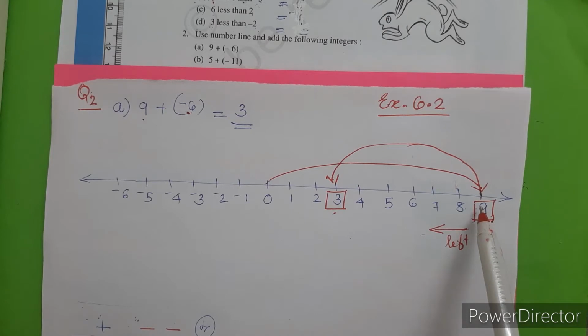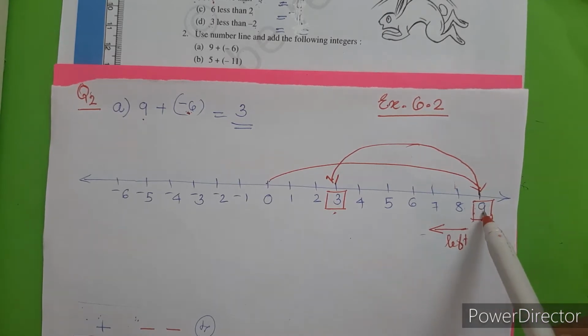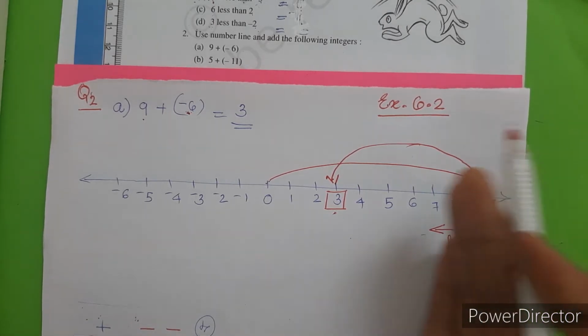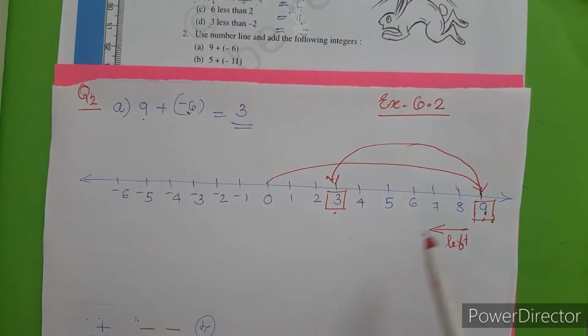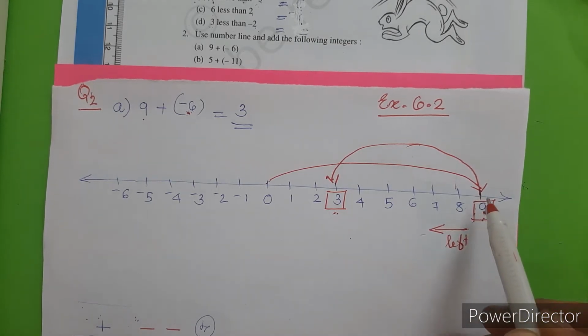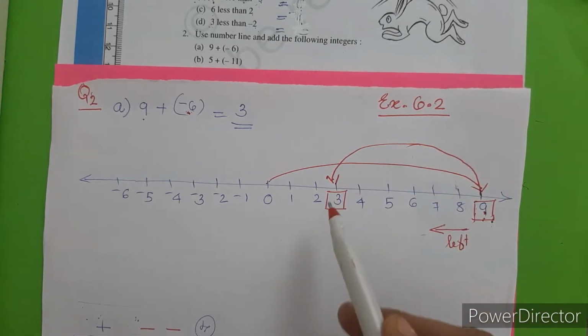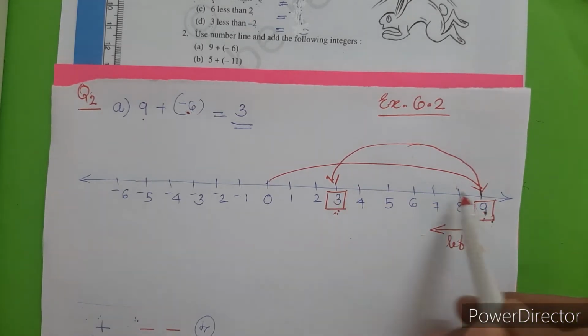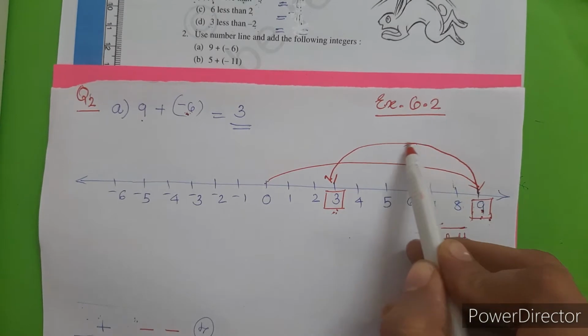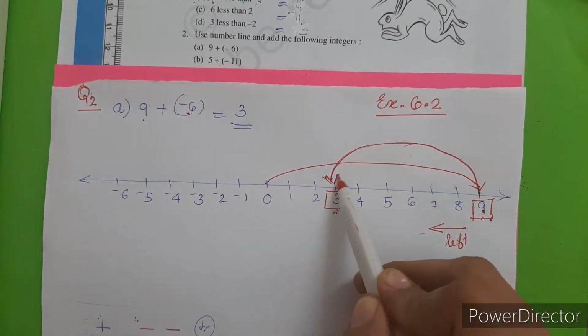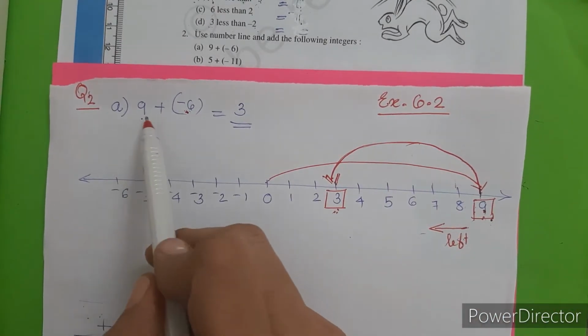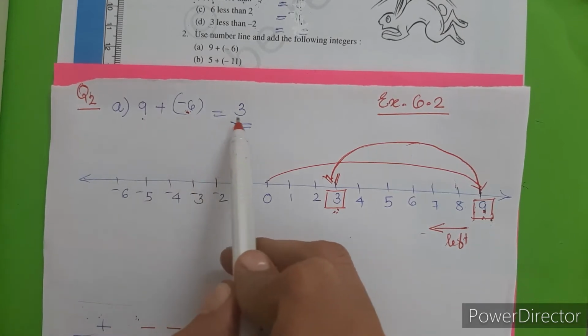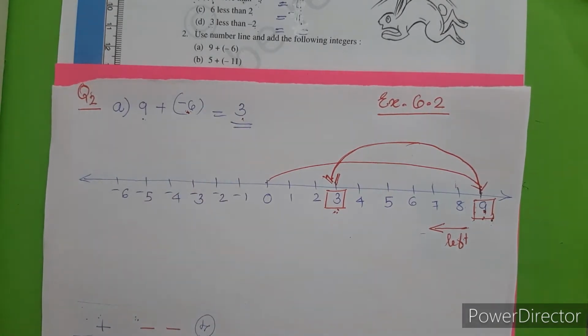We move 6 points from 9 to the left, then we reach 3. So it will be expressed like this. The answer is 9 plus minus 6 is 3.